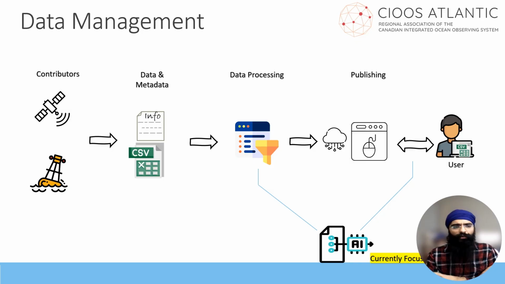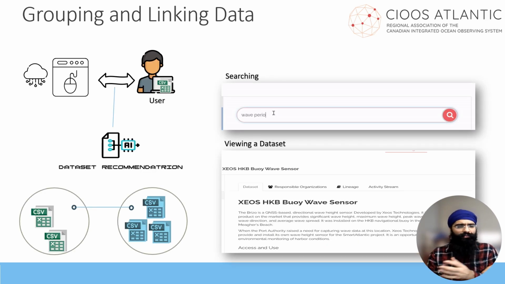My work has involved integrating AI in the data processing and publishing step. In terms of data processing and publishing, what I was doing is establishing a data set recommendation system. If you have visited an online shopping e-commerce website like Amazon or eBay, whenever you browse an item, it recommends you a similar item.